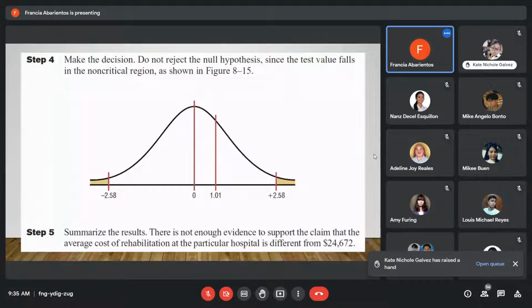When making a decision, class, eto, makukuha mo in identifying whether your problem falls under a two-tailed test or a one-tailed test.